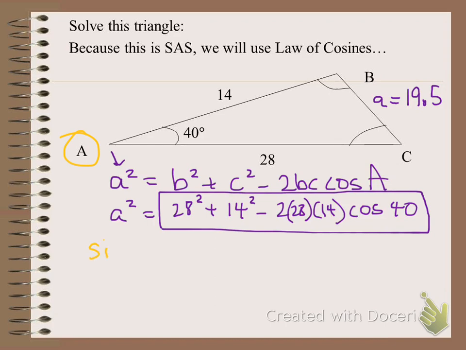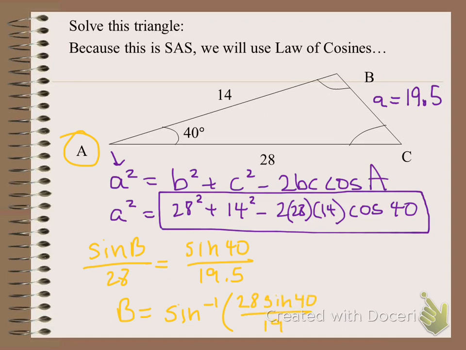If you do sine of B over 28 equals the sine of 40 over 19.5, we get B equals the inverse sine. Somebody punch this in for me. 28 times the sine of 40 divided by 19.5. I did the law of sines correctly. I've solved correctly.